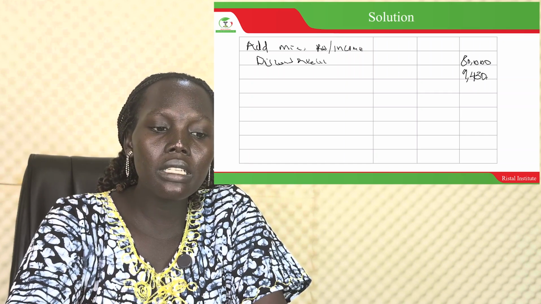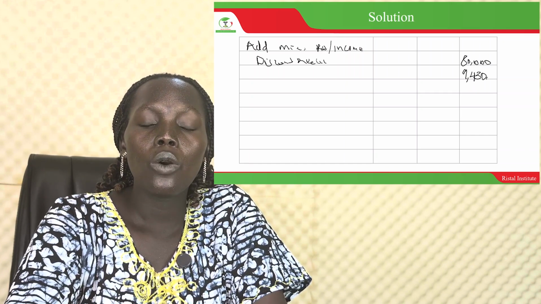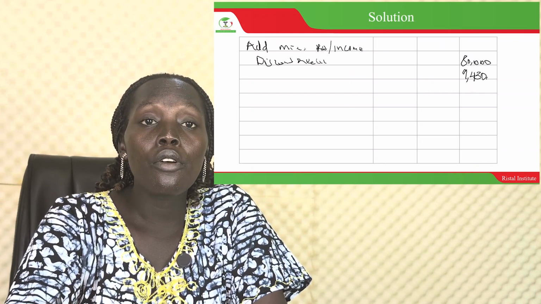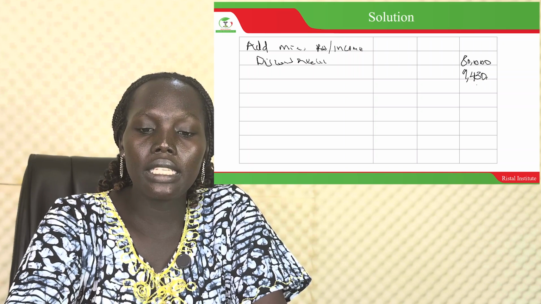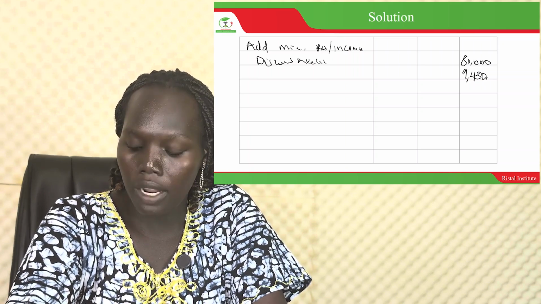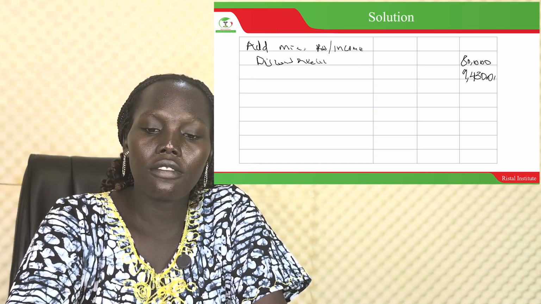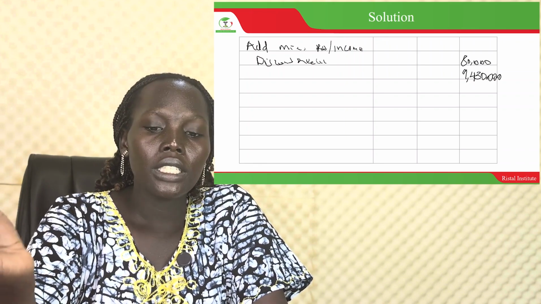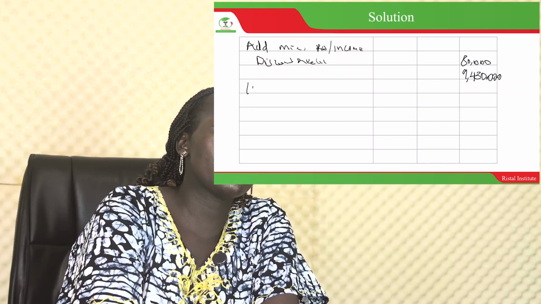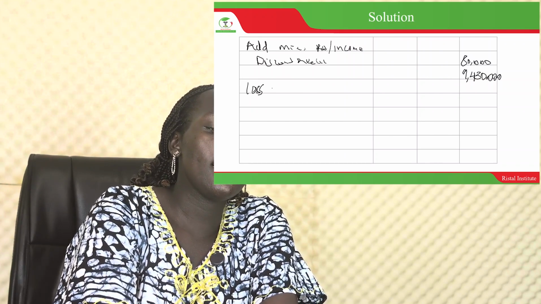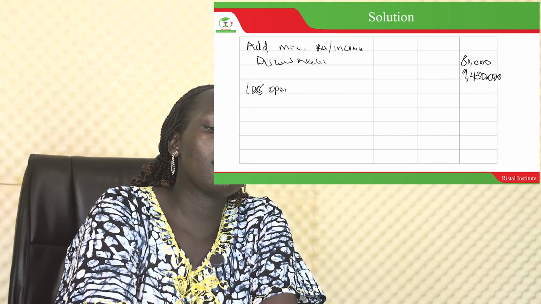So this miscellaneous income, we add it to our gross profit. So we shall get the amount as 9,430,000. So we shall go ahead and less our operating expenses.